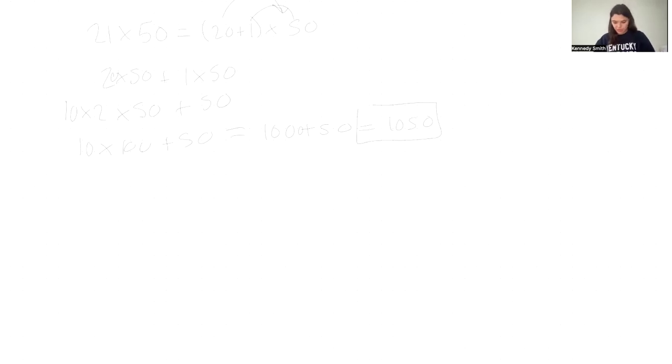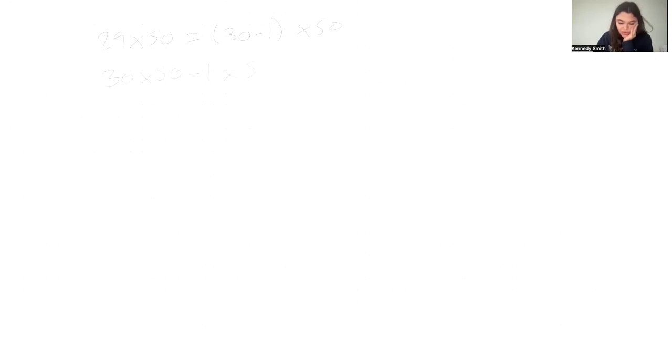We can also show another one. So for our second example, let's just go with 29 times 50. So we can break that down into (30 minus 1) times 50, which then leads us to 30 times 50 minus 1 times 50.